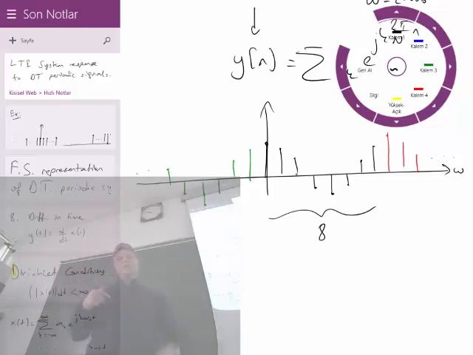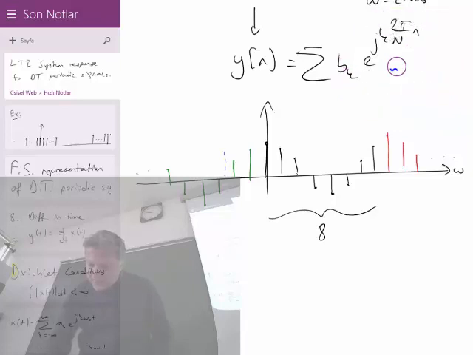So what you have to deduce from here is that h of omega must also be periodic. So the low pass filter shouldn't be in the center only at 0. It must be repeating itself. If you have, let me draw it with the blue, a low pass filter, for example, like this, to depict only the central low frequency harmonics and make the others 0, we know that the others here also correspond to the same coefficients.